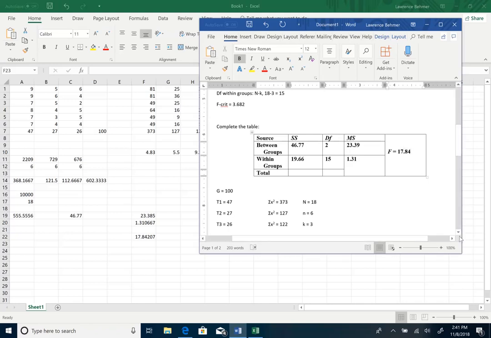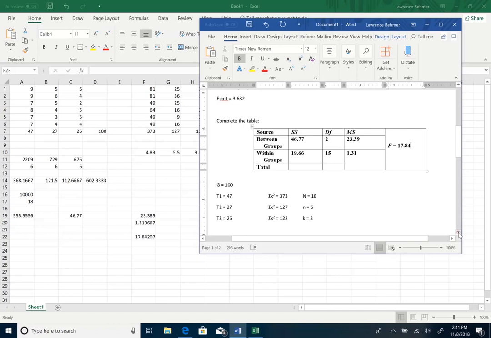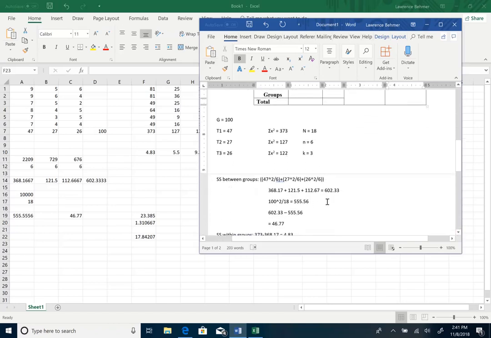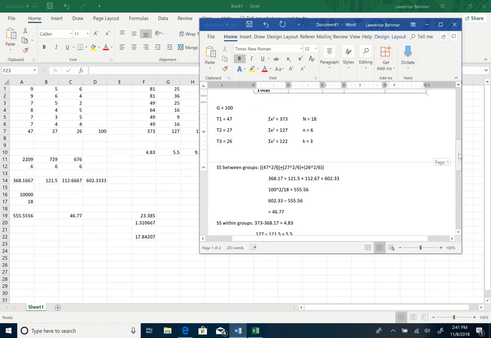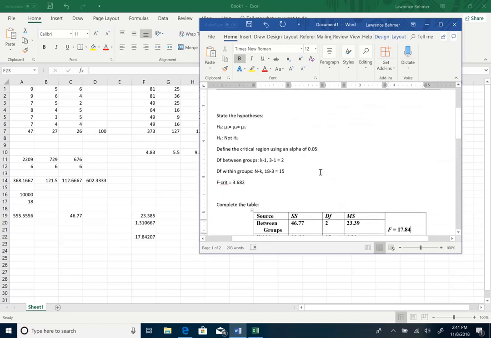Cool. So now we're done filling out the table. We've shown all the work that we're required to show in order to get full credit. Ideally, we probably would have drawn our F distribution over here, and it's an absurdly large F. It's crazy large. But we can already compare this F value that we obtained to our critical value.